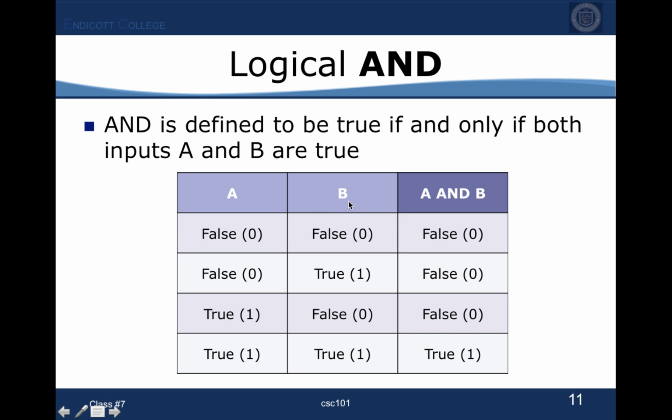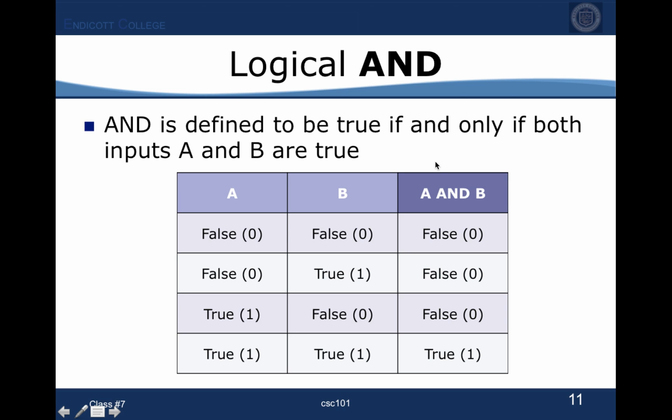They could both be false. A could be false and B could be true. A could be true and B could be false, or they could both be true. So if I have 2 propositions, I have to consider 4 cases.